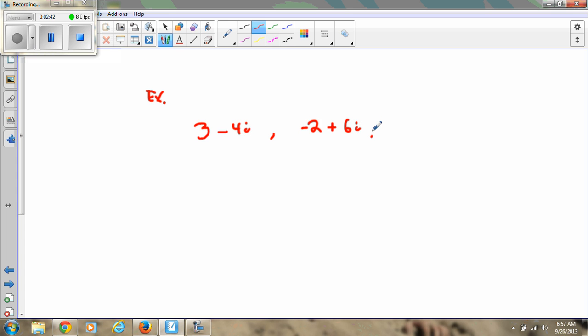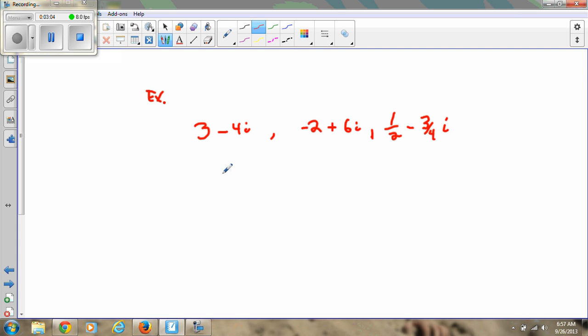We can even have fractions, like 1/2 - 3/4 i. Now these are all examples of complex numbers. They can be positive, they can be negative, they can be fractions. They just have to have the i part in them.